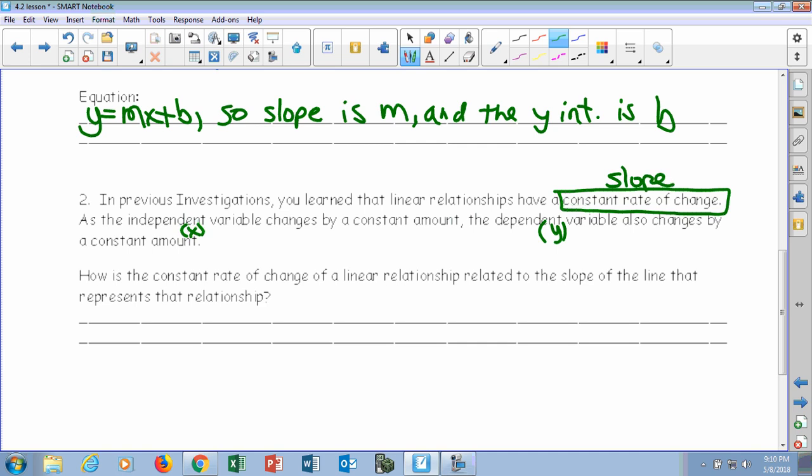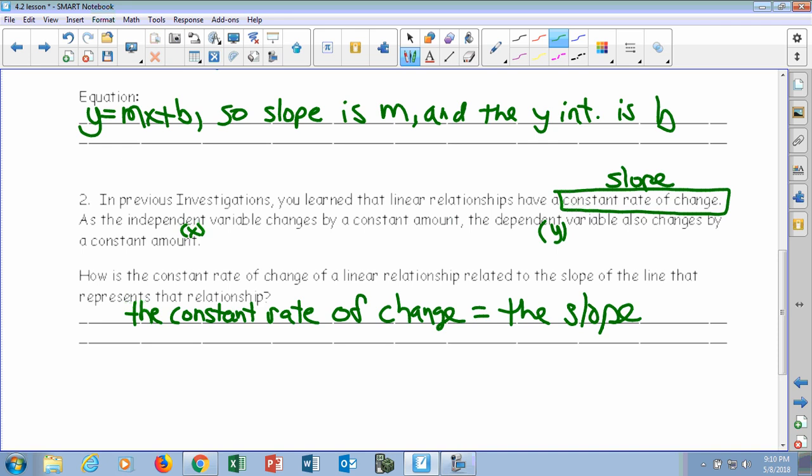So how is the constant rate of change of a linear relationship related to the slope of the line that represents that relationship? They're the same. The constant rate of change equals the slope.